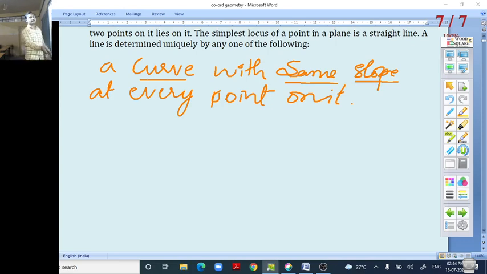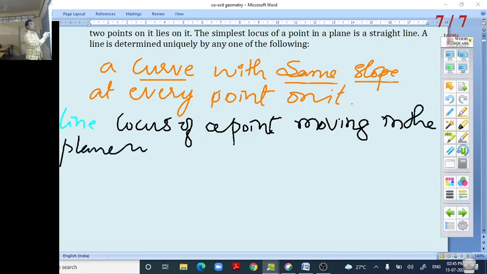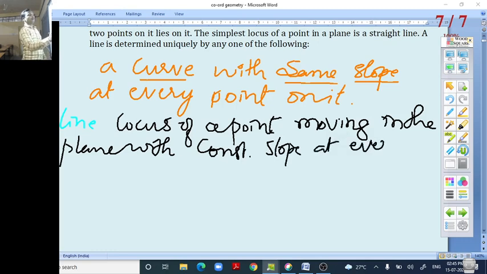That is, indirectly I can say that a straight line is a locus of a point, the locus of a point moving in the plane with constant slope at every point on it.